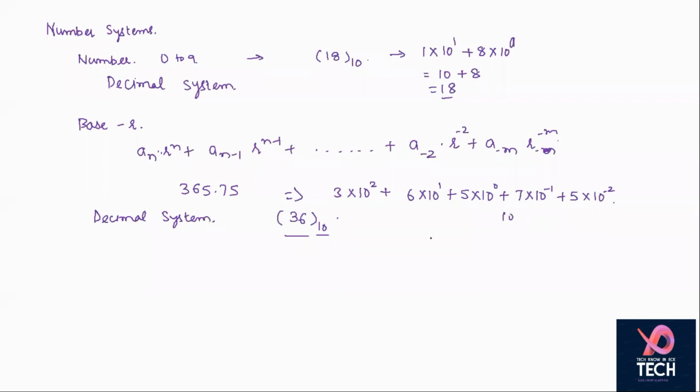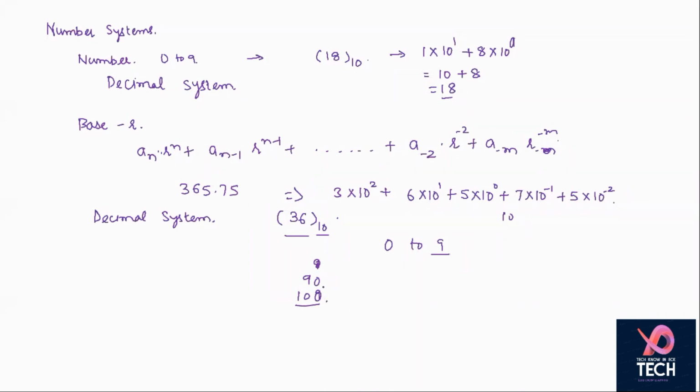That means you have only 10 digits to count, 0 to 9, and after that you have to move ahead. When you count 9 and the next digit is 10, you are shifting the place. After 99 comes 100, and so on. So this is how counting goes.